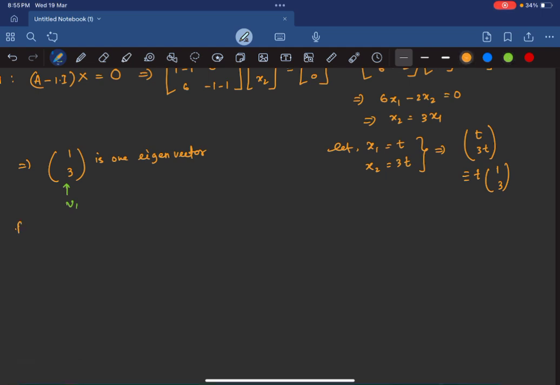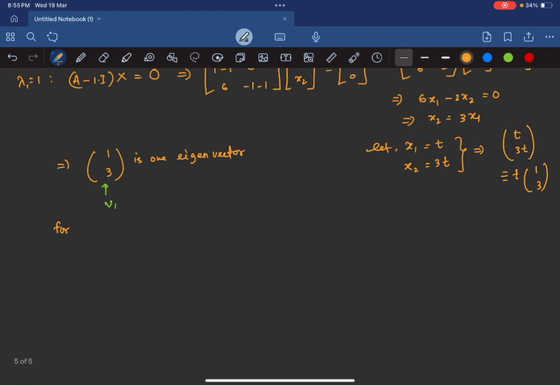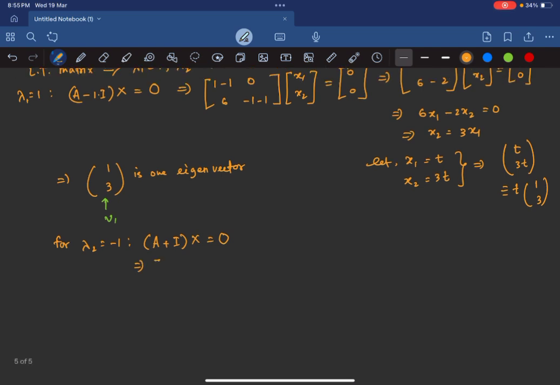Now similarly we try to find it for lambda 2 equals minus 1. Let's find it. So A minus of minus 1, that means (A plus I) x equals null. So from here, that matrix is 1 plus 1, 0, 6, minus 1 plus 1.